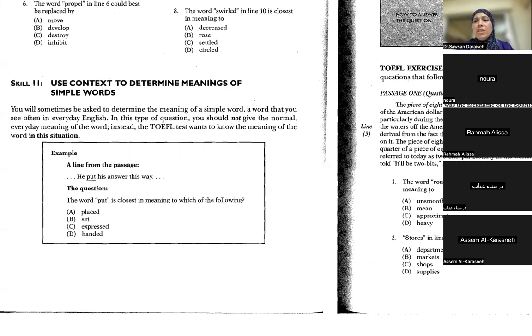That's how we decide on what the meaning of the word is. So use context, that means the words that surround, or the sentences, or the text itself. The title and the ideas should help you to determine. Determine means to decide on the meaning of the simple word.